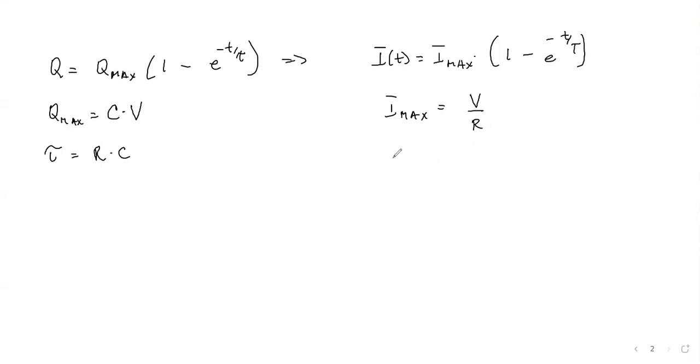What about the time constant? Time constant was RC. I replace resistance with inductance, and I replace capacitance with 1 over R. This would be the new time constant.